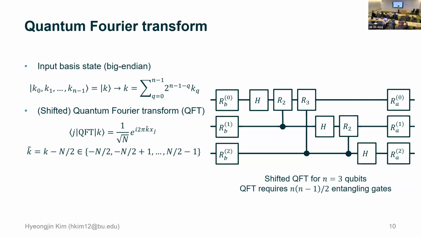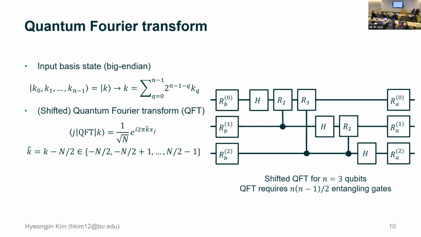This is actually the shifted quantum Fourier transform, where this shifted k, tilde k, instead of going from 0 to N minus 1, is symmetric around 0. This is just a peculiarity of how we defined our function. We defined it to be symmetric around 0, so this is just an extra detail here.